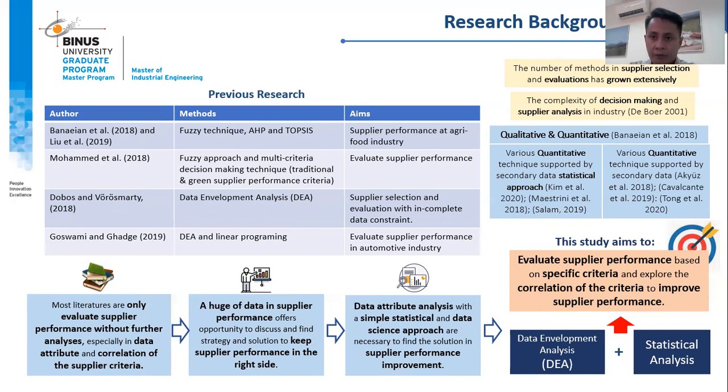The number of methods in supplier selection and evaluation has grown extensively. Starting from the complexity of decision making and supplier analysis in industry, by DeVoe 2001, it is generally divided into two types: qualitative and quantitative.